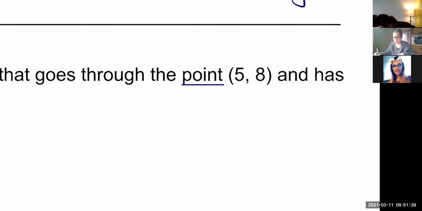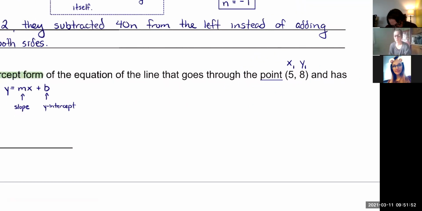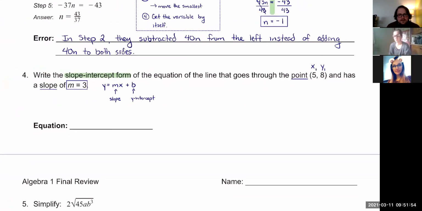So the 5, I'm going to label as my x1, and the 8, I'm going to label as my y1. Now let's think about what information we have here. We're working towards slope-intercept form, but I don't have the slope and y-intercept. What I do have is a point and the slope.